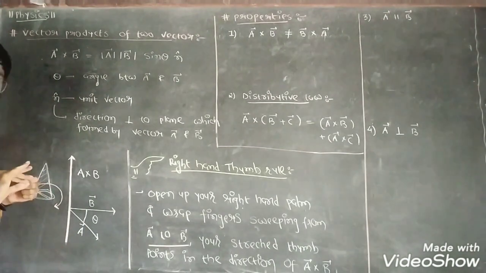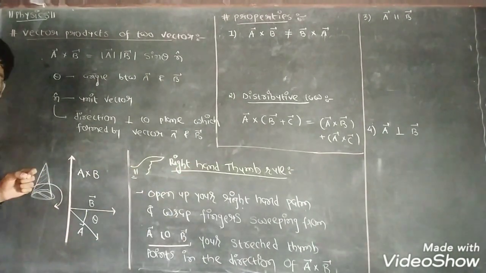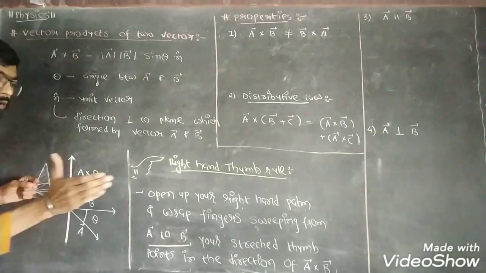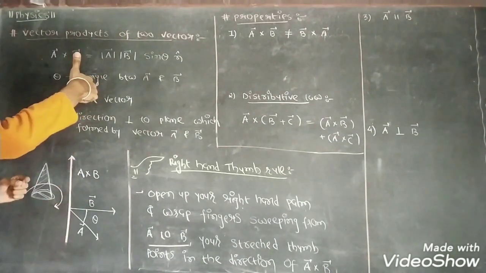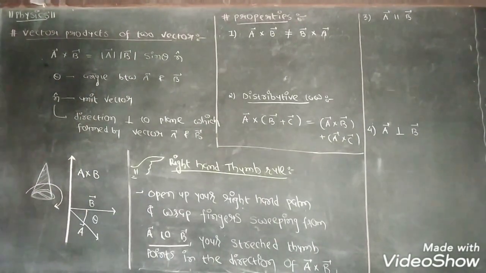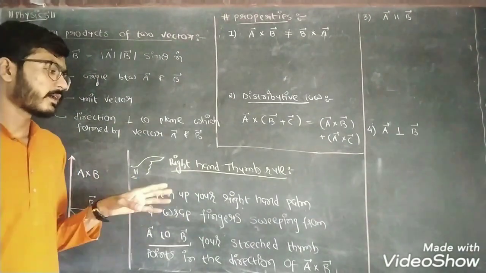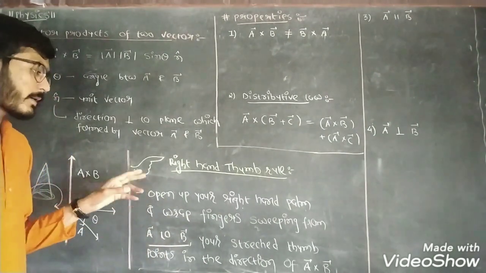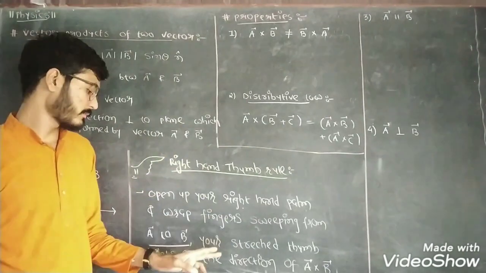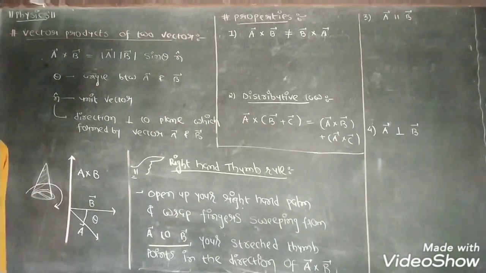Again, suppose A is in this direction and B is horizontal. We wrap our right hand fingers from A to B, so the upward direction of the thumb is the direction of A cross B. Here is the right hand thumb rule: open up your right hand palm and wrap your fingers sweeping from A to B. Your stretched thumb is in the direction of the product, A cross B.